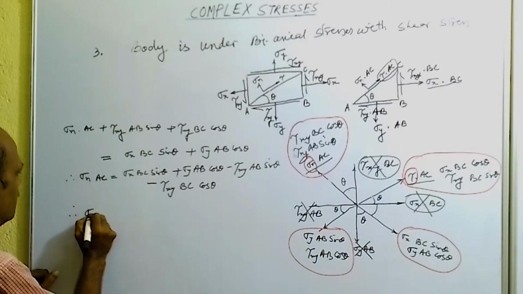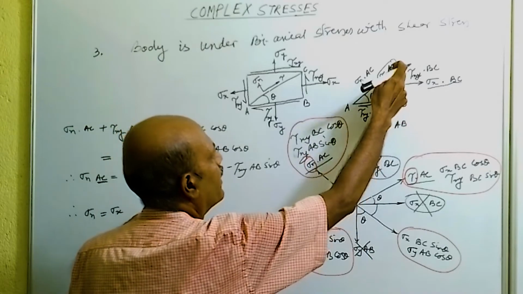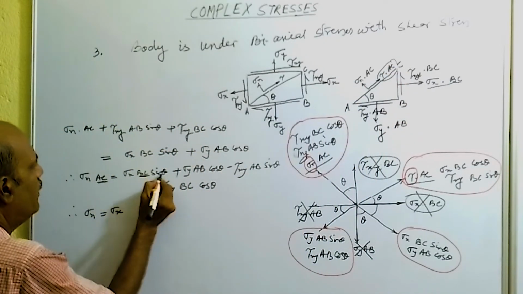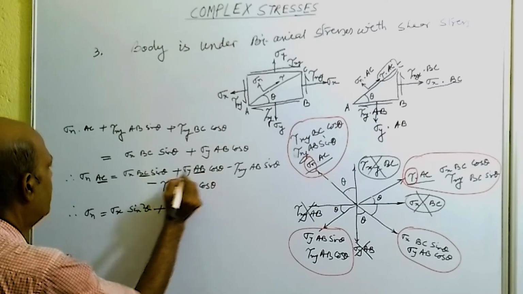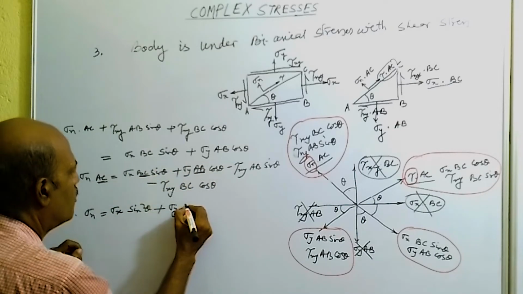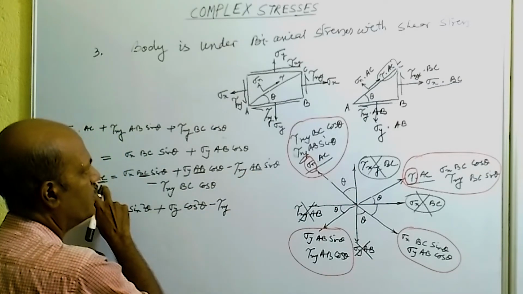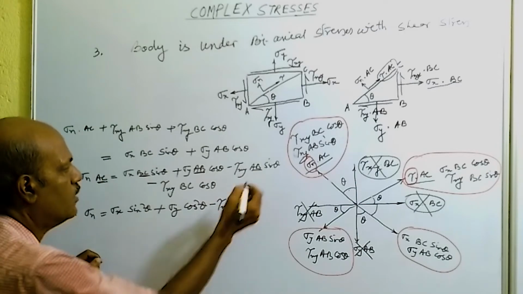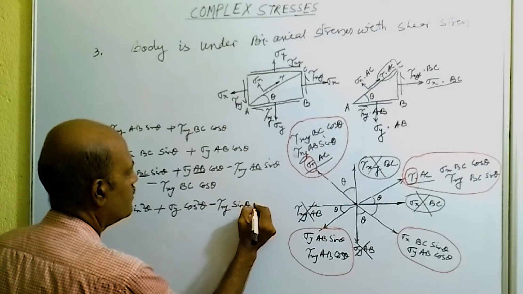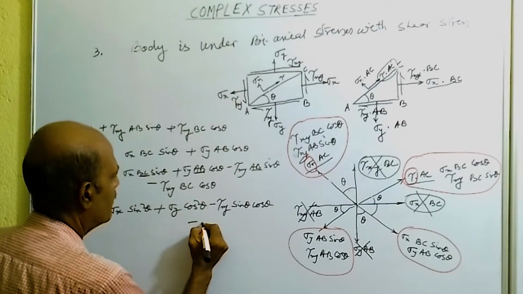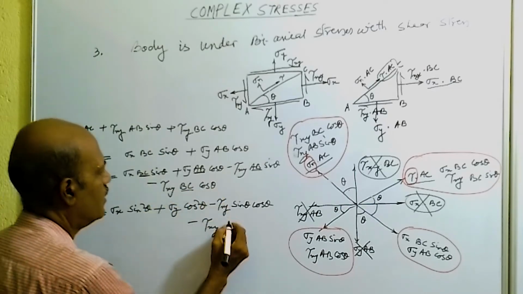Therefore sigma n becomes, dividing by AC: sigma x BC by AC, that is perpendicular by hypotenuse, sin theta, into sin theta, so it gives sin square theta, plus sigma y into AB by AC, base by hypotenuse, which gives cos theta, so cos square theta, minus tau xy AB by AC, base by hypotenuse, cos theta, into sin theta, so sin theta cos theta, minus tau xy BC by AC, perpendicular by hypotenuse, sin theta cos theta.